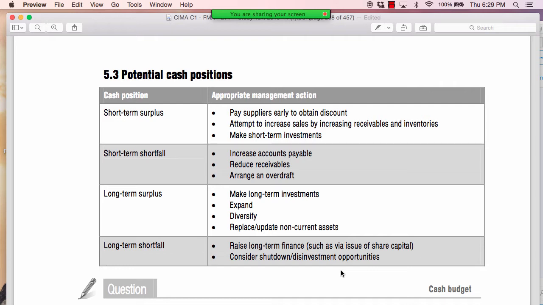We can invest in long-term investments like fixed deposits, or put it into expansions, right? So these are some positions that we can take depending on which one we are sitting at. Do we have a short-term surplus or a short-term shortfall? Is that clear for you?